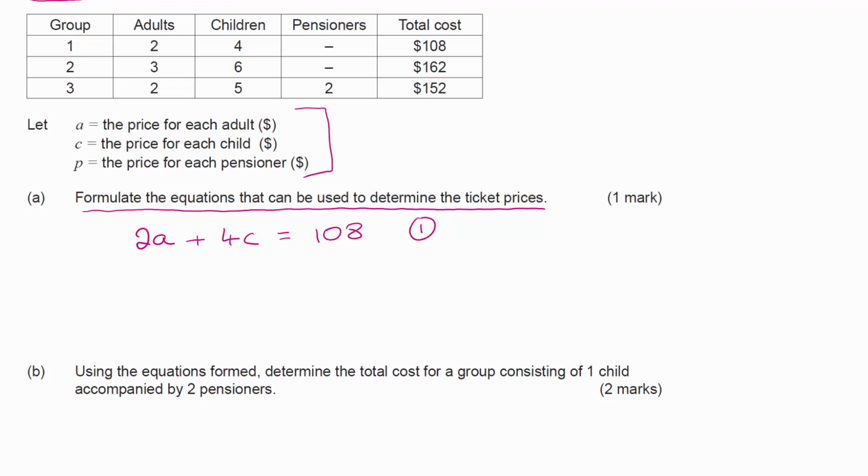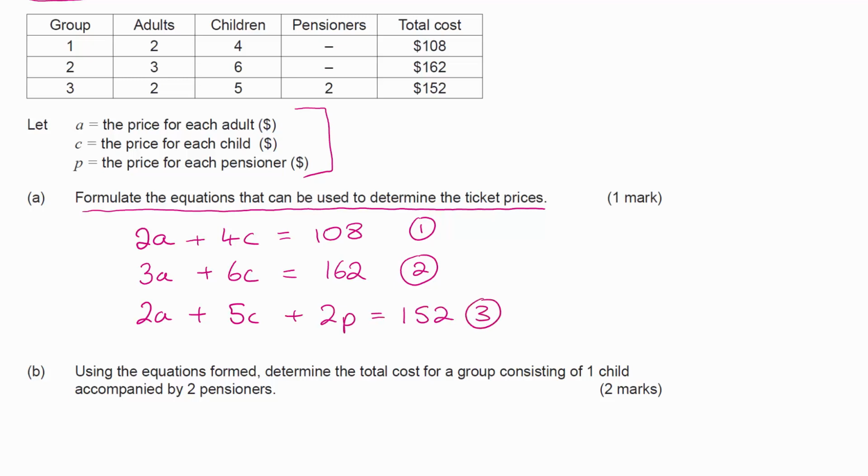Using Group 2, we have 3A and 6C is equal to 162. Let's call that 2. And using Group 3, we get 2A plus 5C plus 2P is equal to 152.